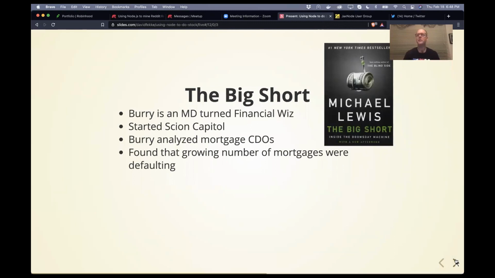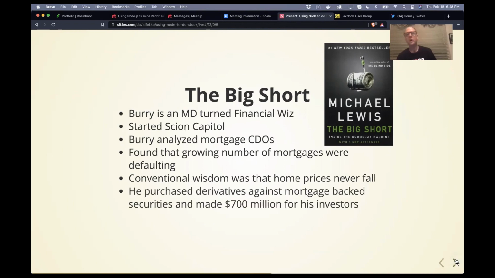There's talk, I'm sure people remember from like 2006 or 2007, the subprime mortgage, when that was starting to become a problem. But the conventional wisdom at the time was home prices never fall. And so he actually went to, I think, most of the big investment banks and purchased financial instruments based off of essentially shorting the mortgage industry, shorting those CDOs.